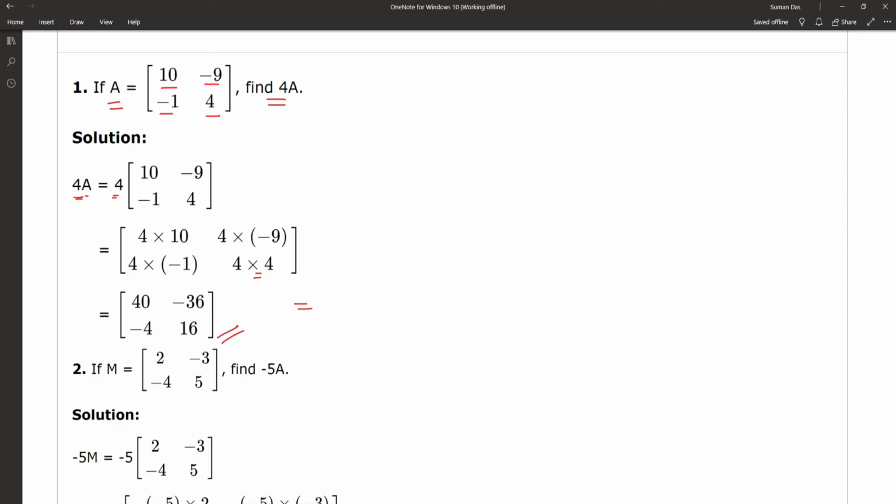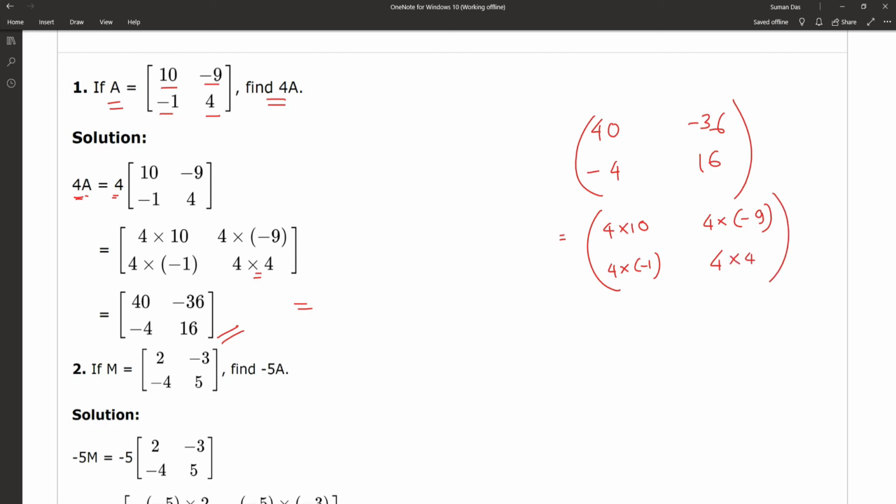Now once again we can write it as, that is a matrix, 40, minus 36, minus 4, 16. Now we can write it as 4 into 10, 4 into minus 9, 4 into minus 1, 4 into 4. So we can take the common 4 as a scalar from the matrix. So that can also be written in that way.